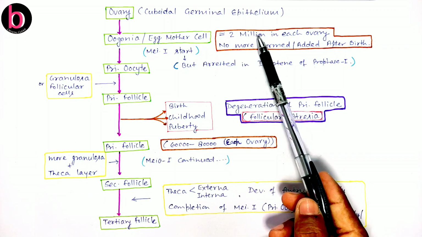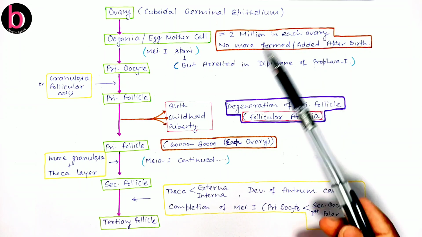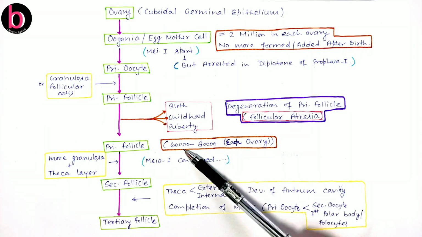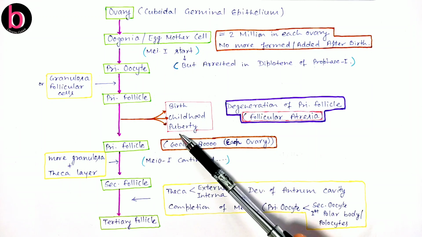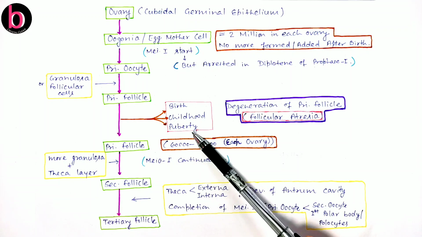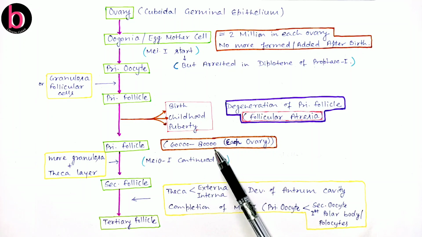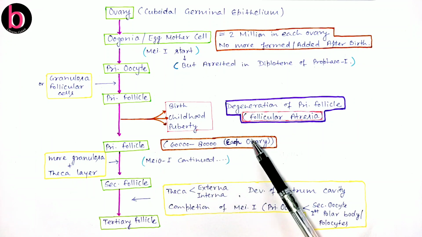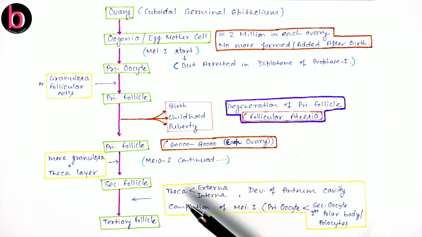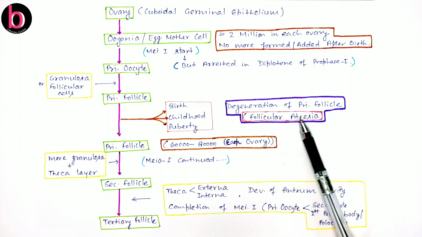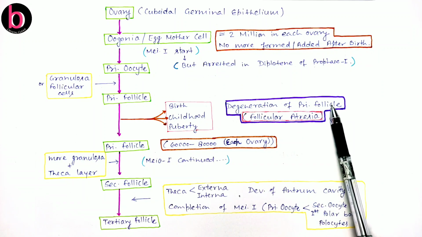So there are nearly 2 million oogonia or egg mother cells in each ovary, but after birth, after childhood, up to puberty, there will be nearly 60,000 to 80,000 primary follicles left in each ovary, and this decrease in the number of primary follicles is known as follicular atresia, that is, degeneration of the primary follicle.